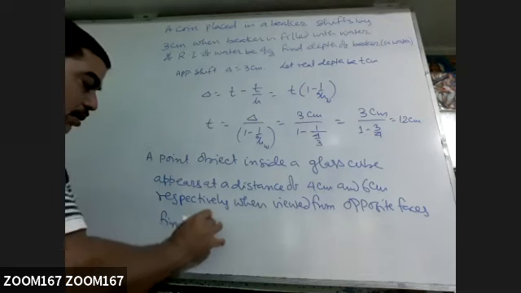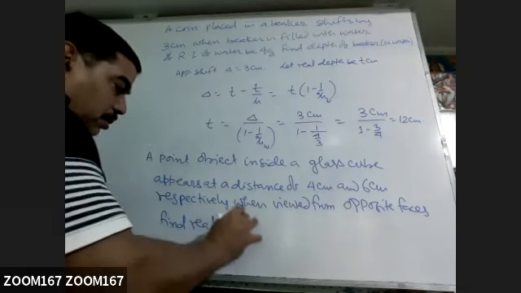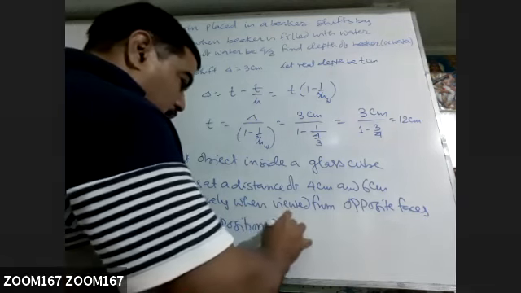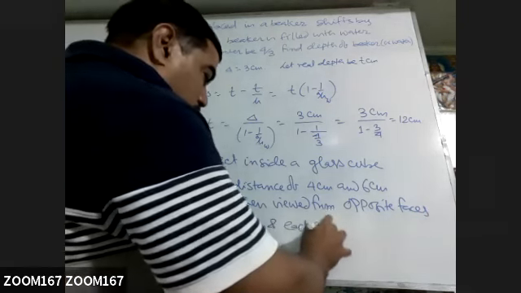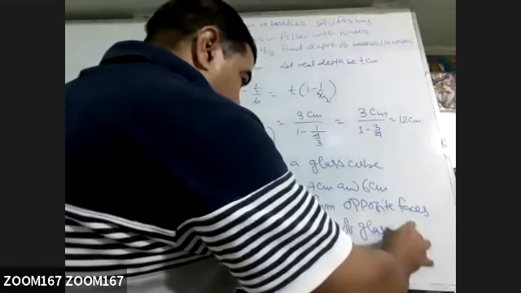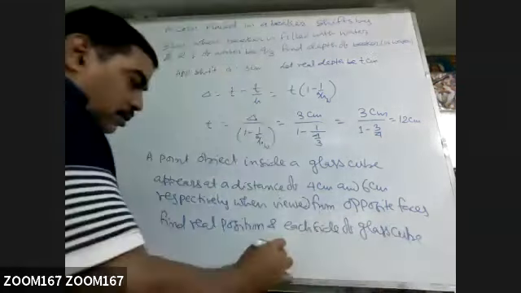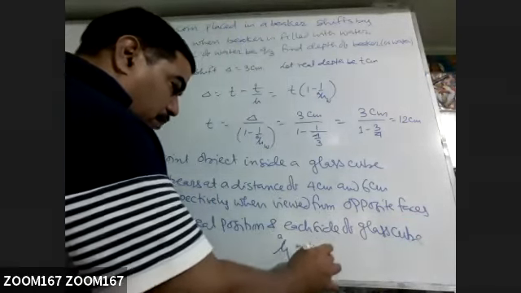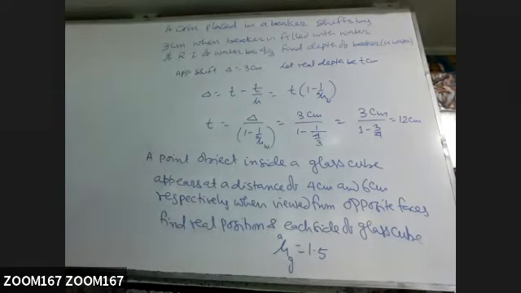Find the real position and each side of the glass tube. Given the refractive index of glass with respect to air is 1.5. Okay, suppose this one is given.